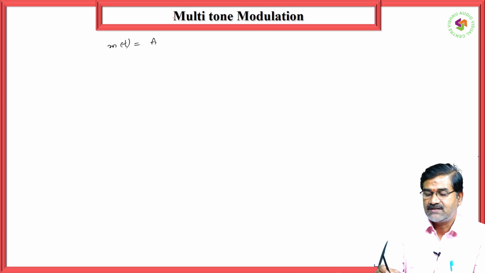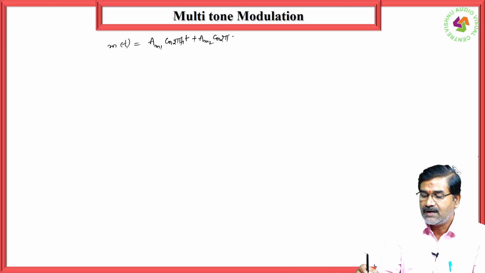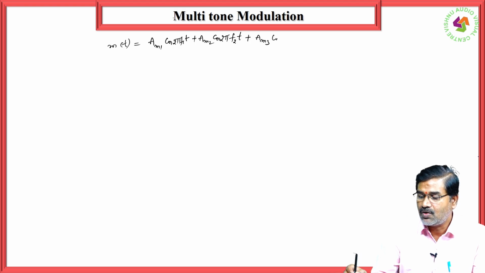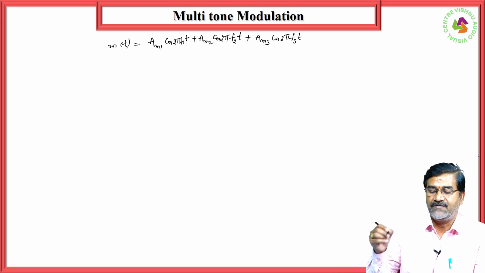Let us say the message signal consists of 3 tones: Am1 cos 2 pi f1 t plus Am2 cos 2 pi f2 t plus Am3 cos 2 pi f3 t, where f1, f2, f3 are the 3 discrete tones or discrete frequencies.